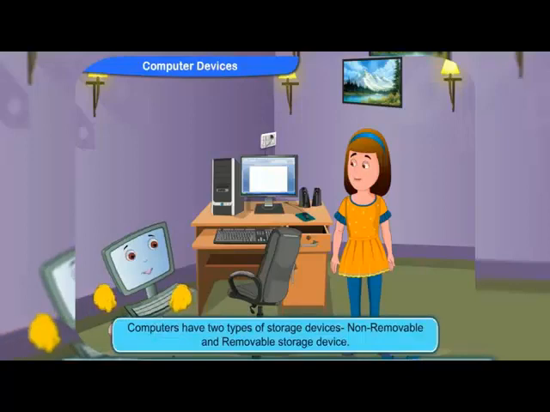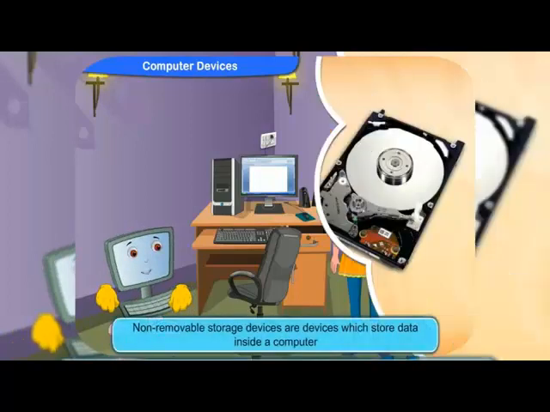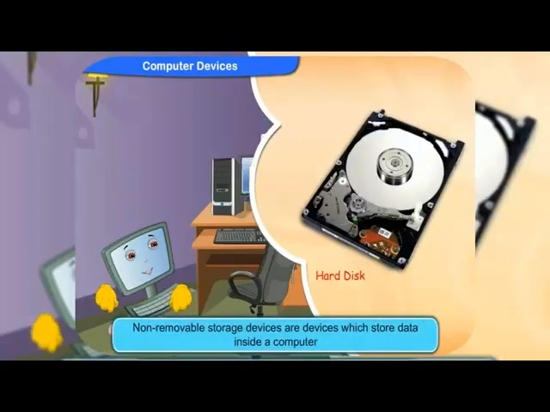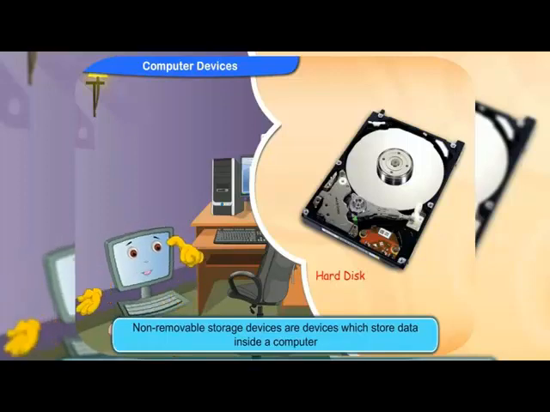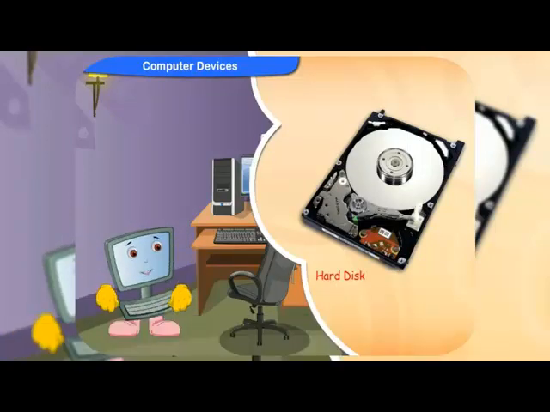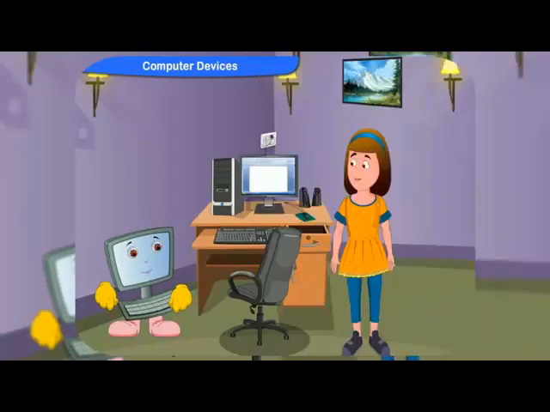Computers have two types of storage devices: non-removable and removable storage devices. Non-removable storage devices are devices which store data inside a computer. Hard disks are non-removable storage devices as they are built inside the CPU.